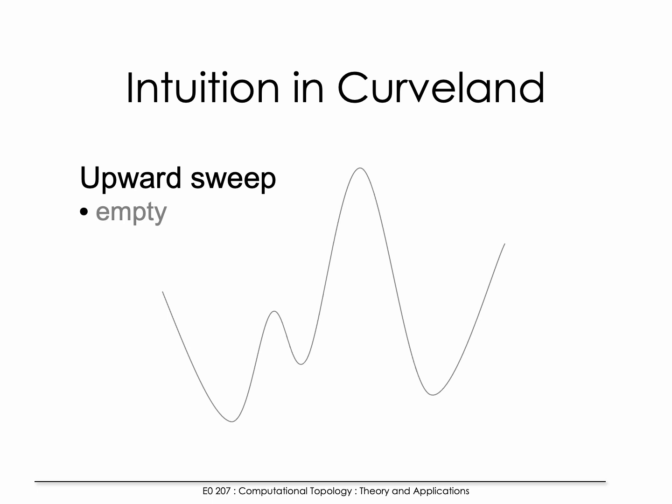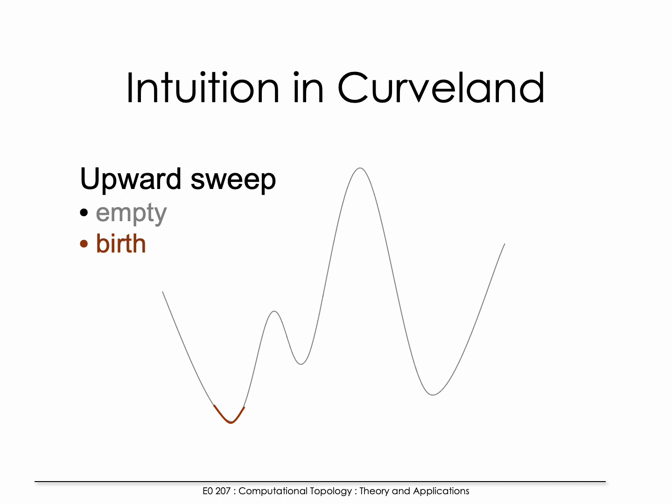As I start the sweep from negative infinity, I see that there are no components initially, and I keep increasing the value c until I hit the first minimum, at which point I have a single component. So I term this a birth event. At the minimum, a new component is born.